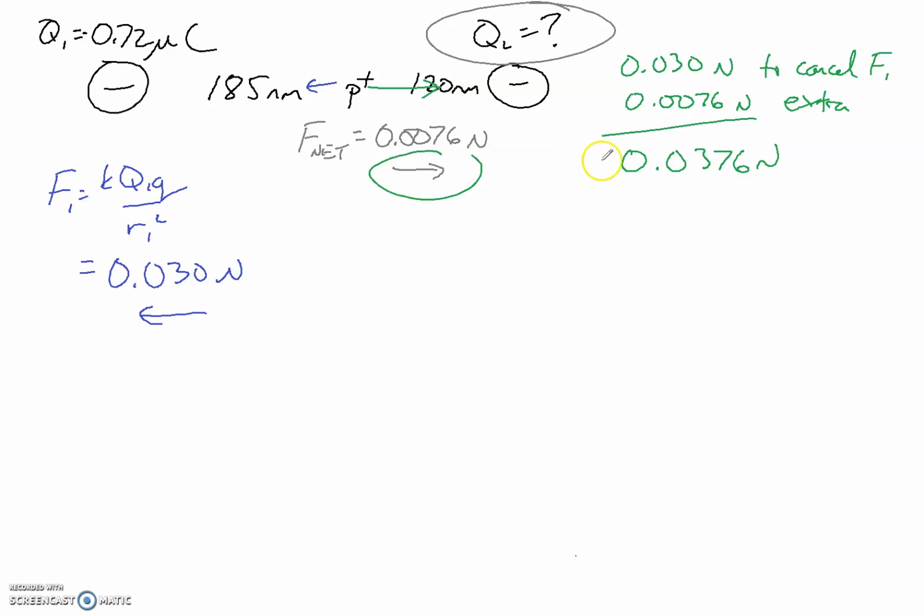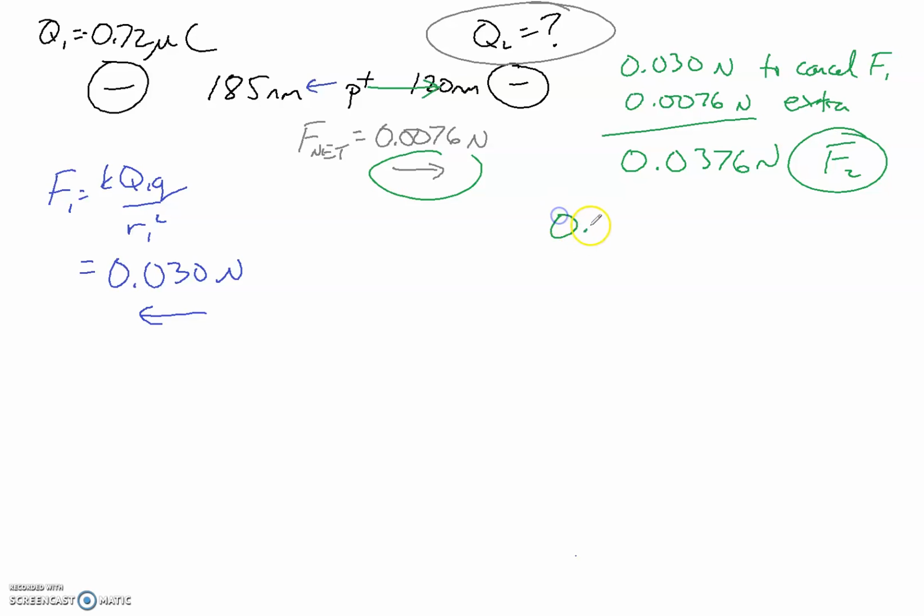So this has to be my force from my second charge, 0.03 newtons to cancel out charge number 1's force, and then it's winning by another 0.0076 newtons. So it's got to be pulling with that much altogether. And they're both negative, they're both attracting the protons, so that's what we got to use.